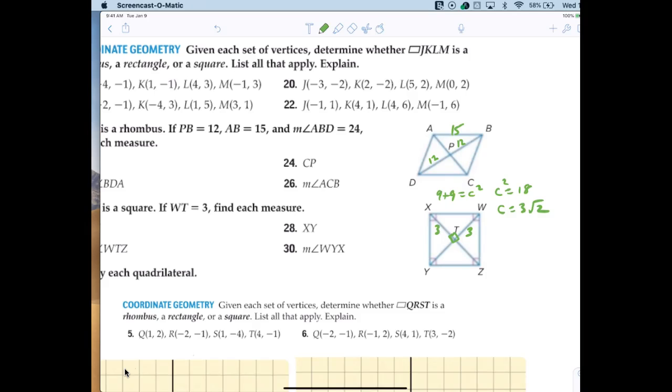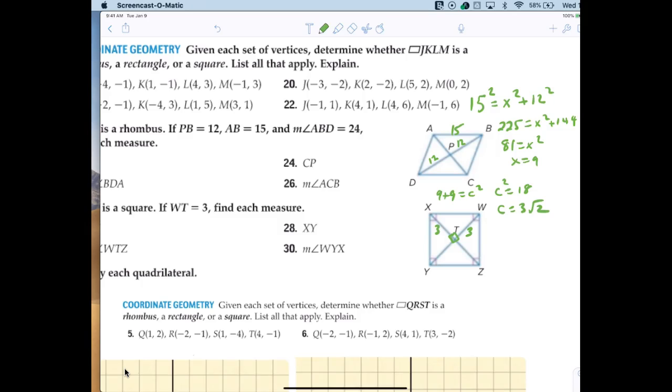So in this case, 15 squared is equal to x squared plus 12 squared. 225 is equal to x squared plus 144. And then 81 equals x squared, so x was 9.